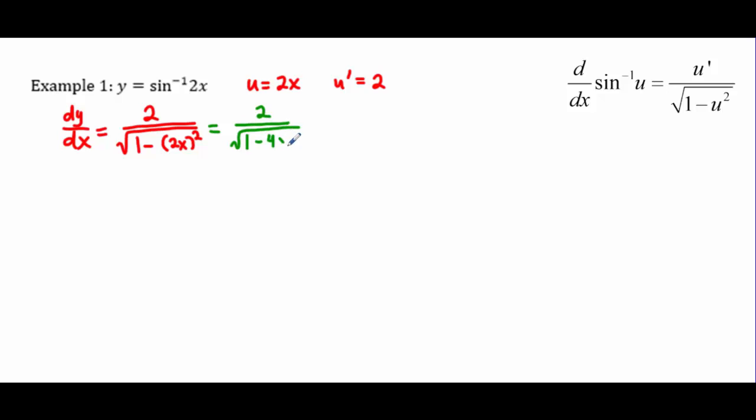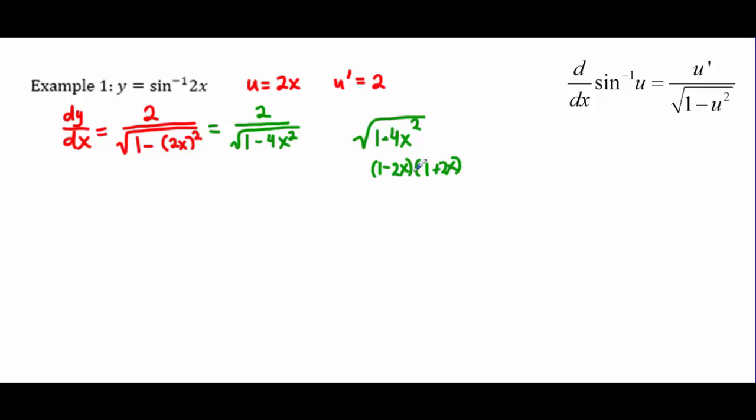minus 4x squared. Now some people are going to be inclined to try to simplify the bottom of this with the square root. If this said 1 times 4x squared under our square root, yes, we could simplify that into 2x. But because it's a minus sign, what we're trying to figure out is two things that multiply together to get 1 minus 4x squared, which would be 1 minus 2x and 1 plus 2x.